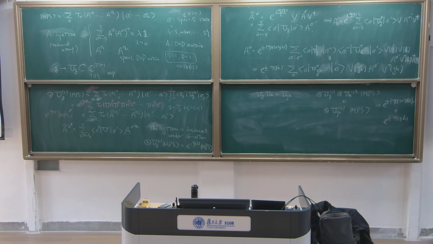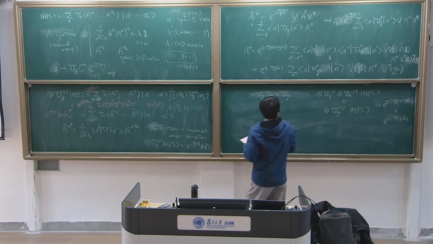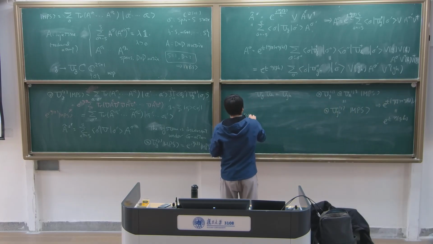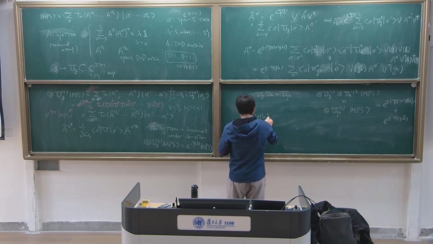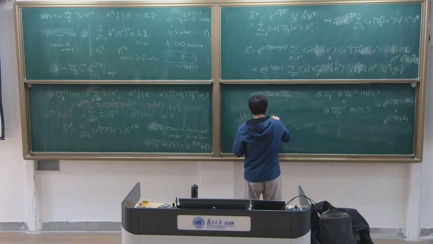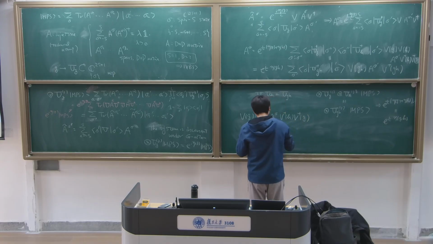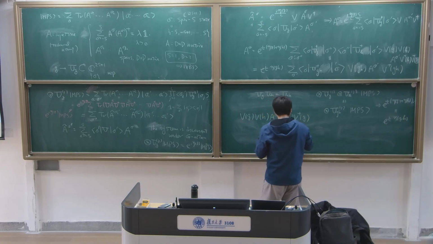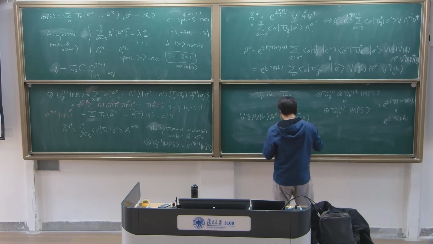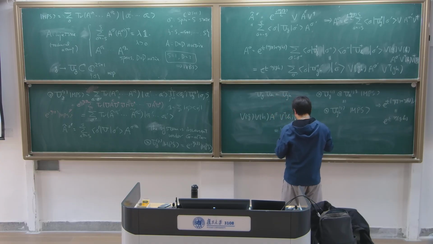So now the consequence of this one is this should equal to this. So B G B H acts on A sigma, B dagger H B dagger G should equal to B dagger G H B H.